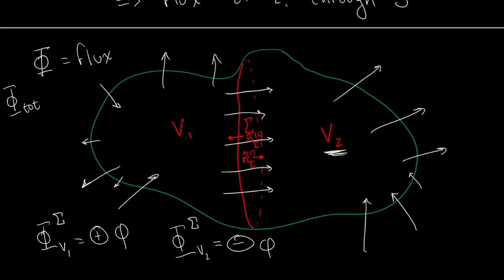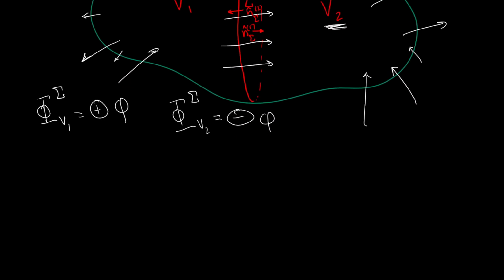Intuitively, this is one of those duh moments. Anything that flows out of V1 through sigma is going to flow into V2. That's all this is saying. So I can essentially write that phi through sigma, the flux through sigma out of V1, is equal to minus the flux through sigma out of V2. Anything that flows out of V1 has to flow into V2.